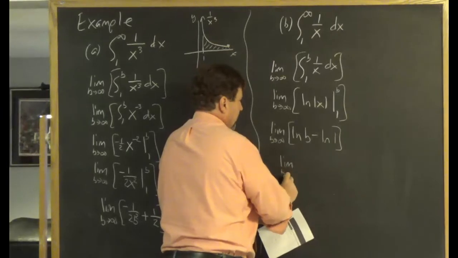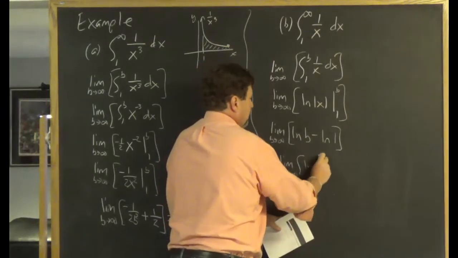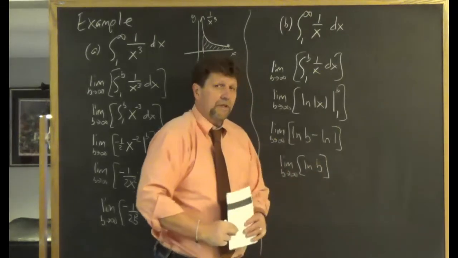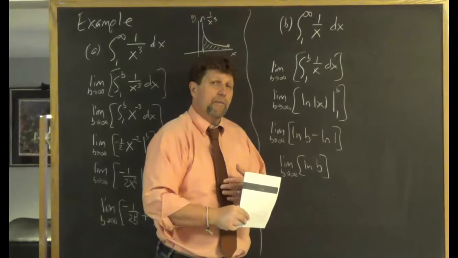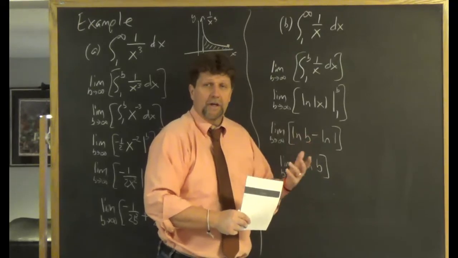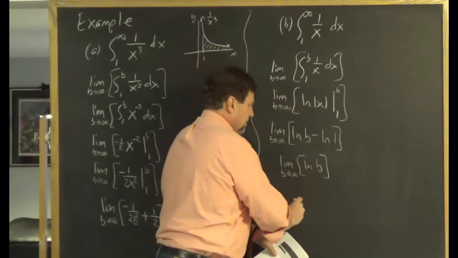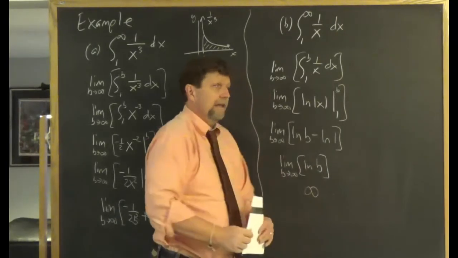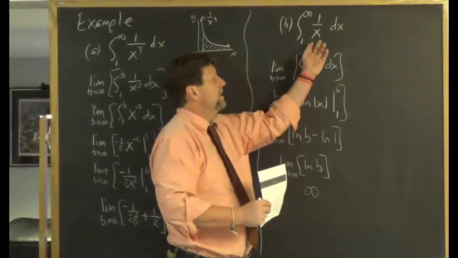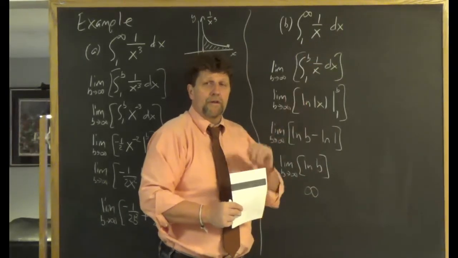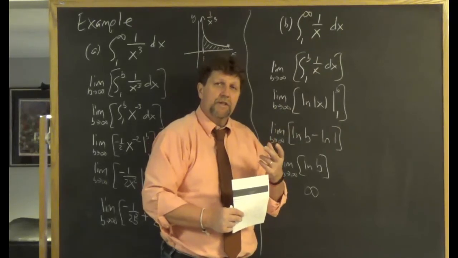So this is the limit as b goes to infinity of the natural log of b, and this is one of those limits I said at the beginning of this section. Hey, we need to remember some limits that we've learned earlier in the book. The limit as b goes to infinity of natural log b is infinity, which tells us that this improper integral diverges.